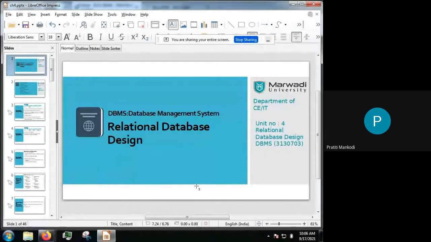Yesterday we started with unit number 4 and we discussed why this unit is very important, because it is going to make our database organized so that we can reduce the redundancies and we can overcome different anomalies.